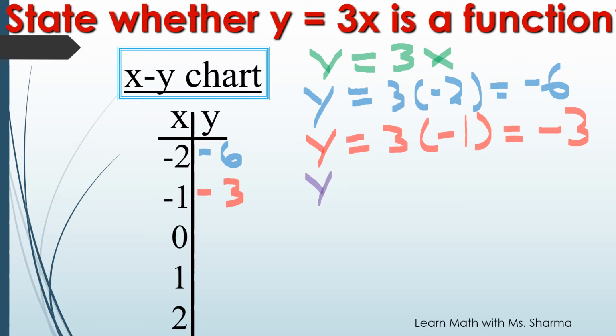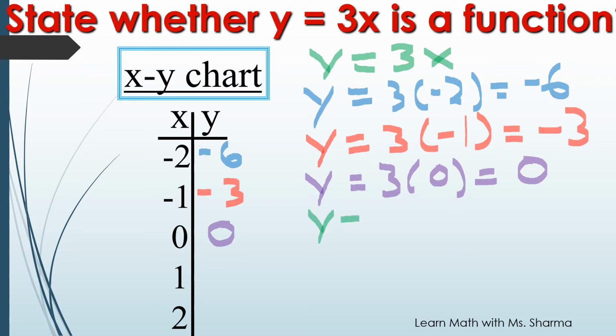We want to find the value of y when x is 0. So 3 times 0 is 0. We want to find the value of y when x is 1. So 3 times 1 is 3.